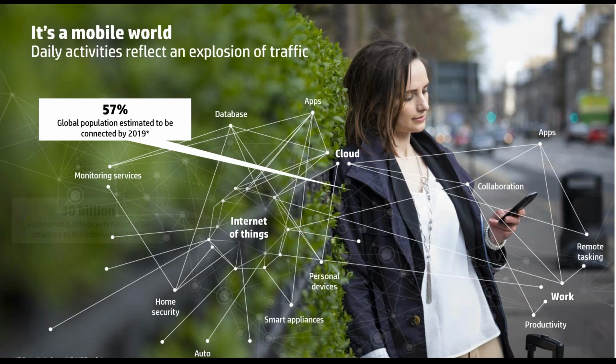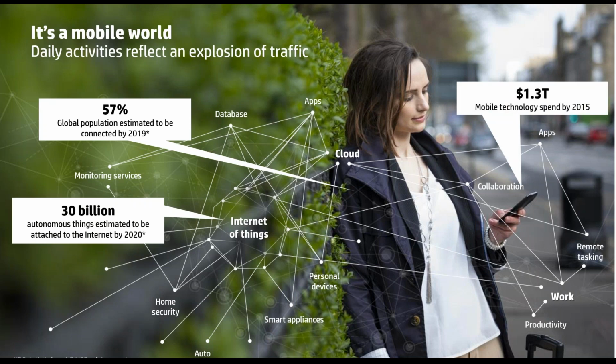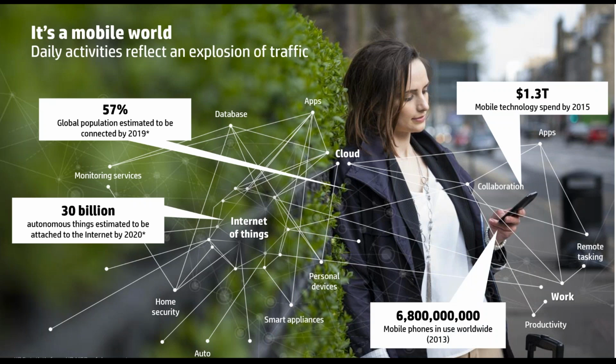And with that too, you can see here some of the data points, like 30 billion, I would say an estimated number, of attachments in applications by 2020. So around 30 billion things that are going to be attached to the internet.